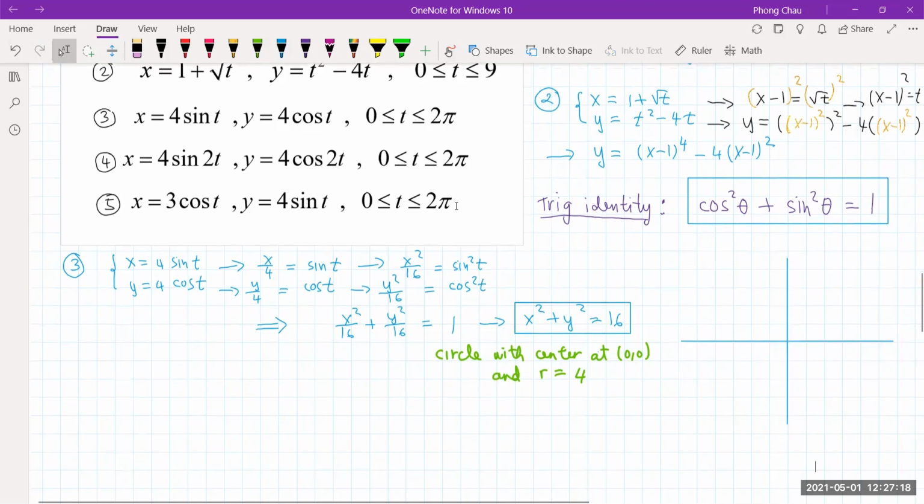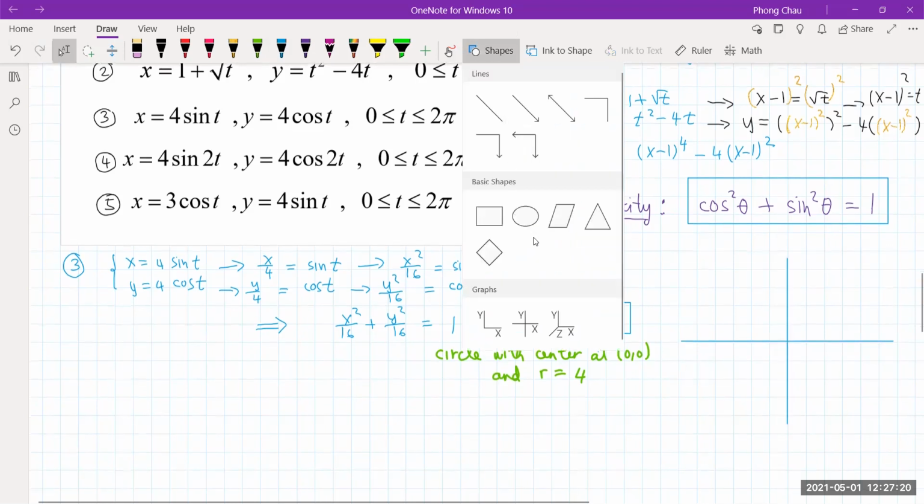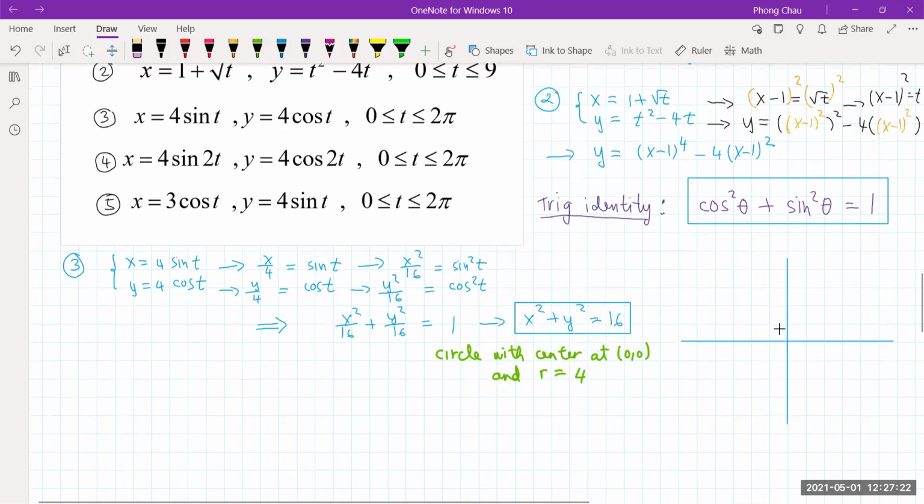Okay, now let's graph. It's a circle, so that one. Right, so 1, 2, 3, a bit bigger.